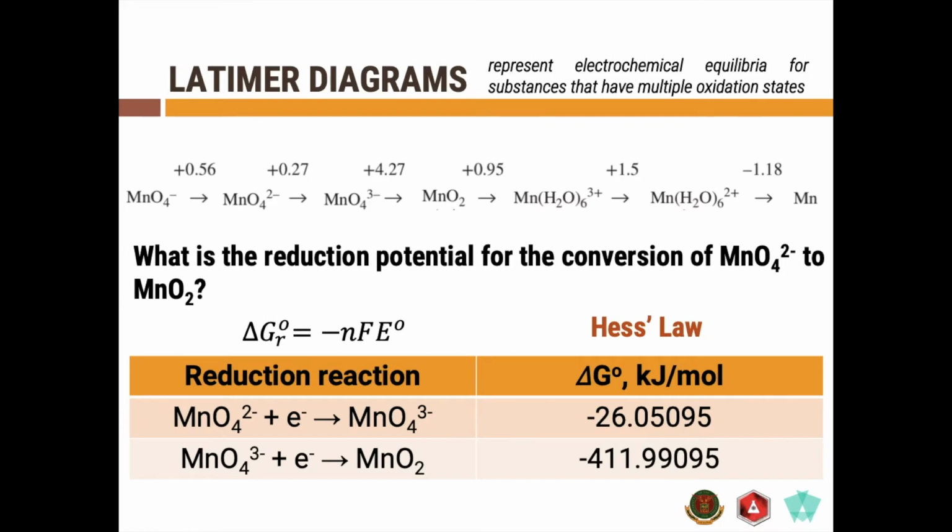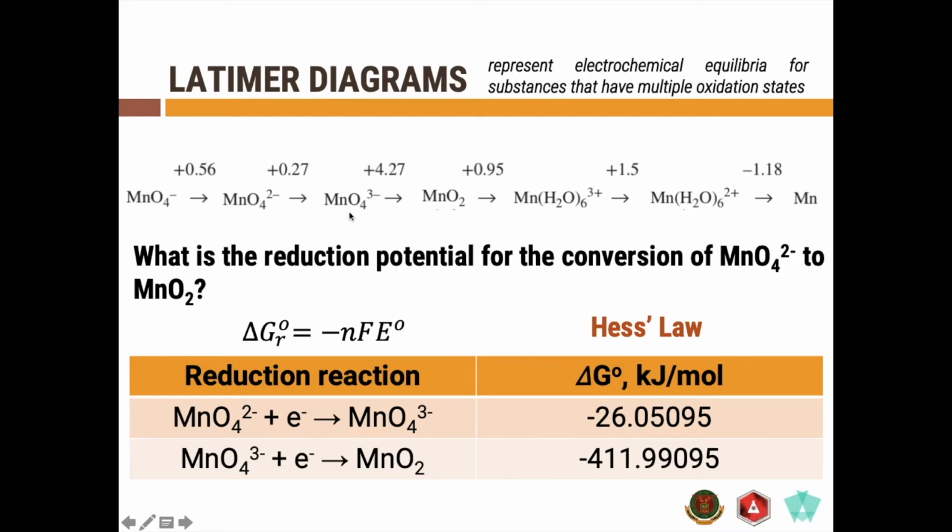If we get the delta G values, the Gibbs free energy for the reduction reactions, so you have MnO4 2 minus to MnO4 3 minus, that is plus 0.27. You plug that into your equation where n is equal to 1 because you have one electron involved in the transformation, and that will give you a delta G value equal to negative 26 kilojoules per mole.